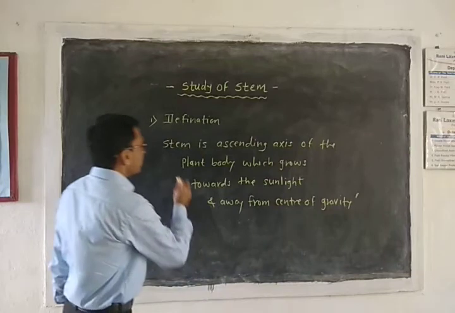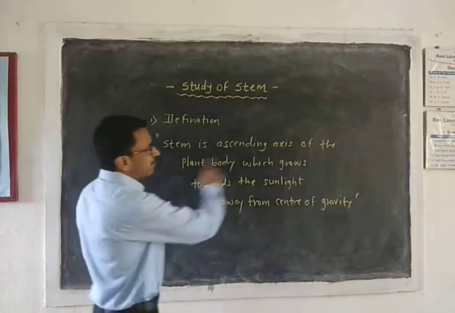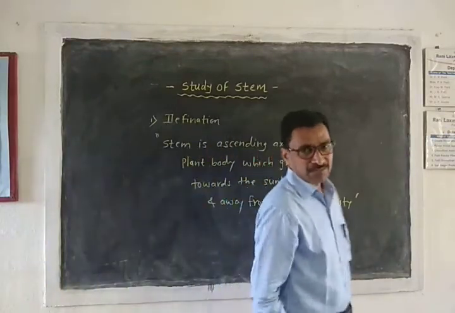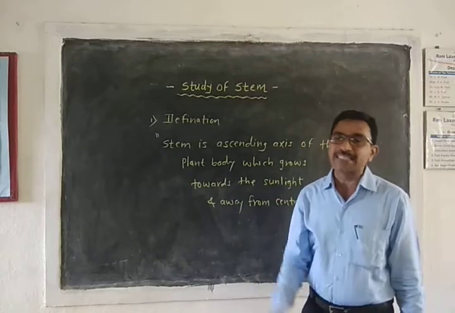This is the definition of stem. Stem is an ascending axis while root is a descending axis.